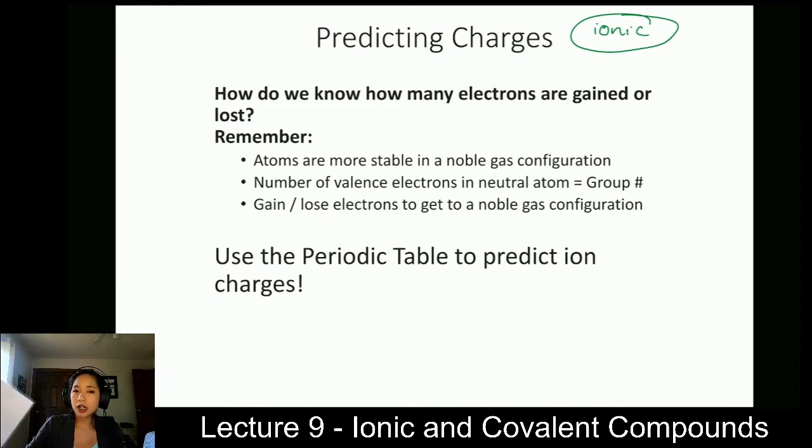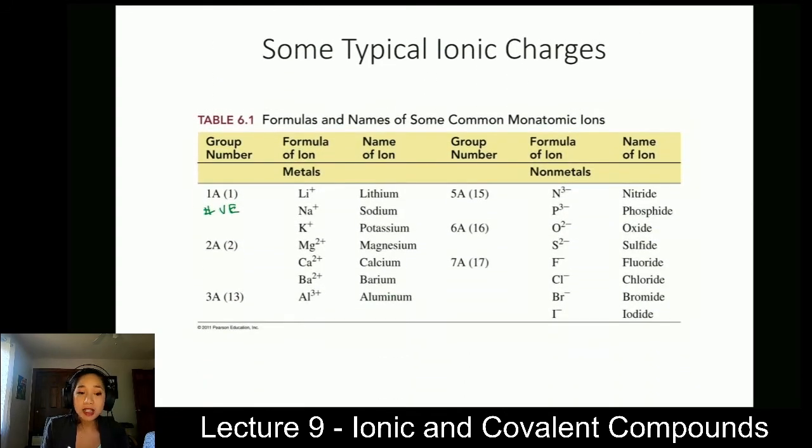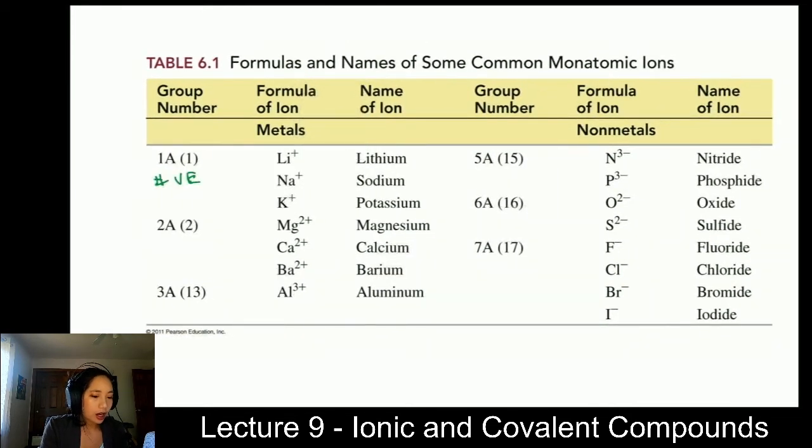Our handy periodic table is going to help us predict the charges for the majority of the elements. So here are some typical ionic charges for different elements. So take a look here. We have the group number. These are organized by group number. And remember, group number also tells us the number of valence electrons in the neutral atom.